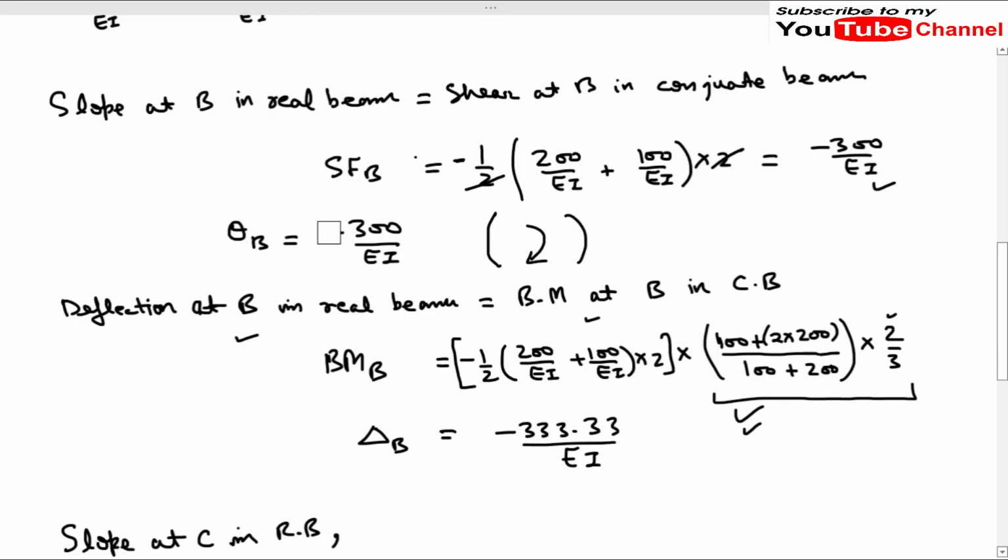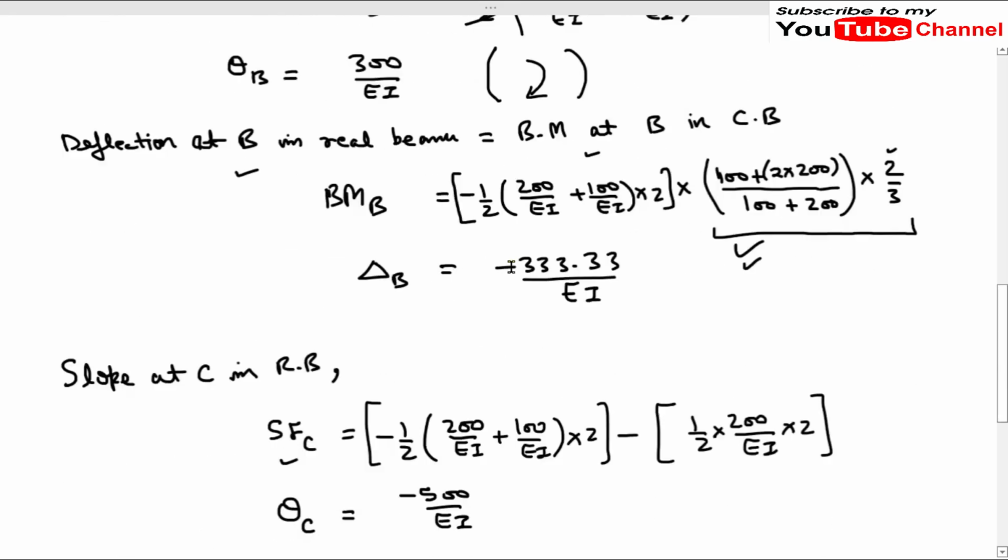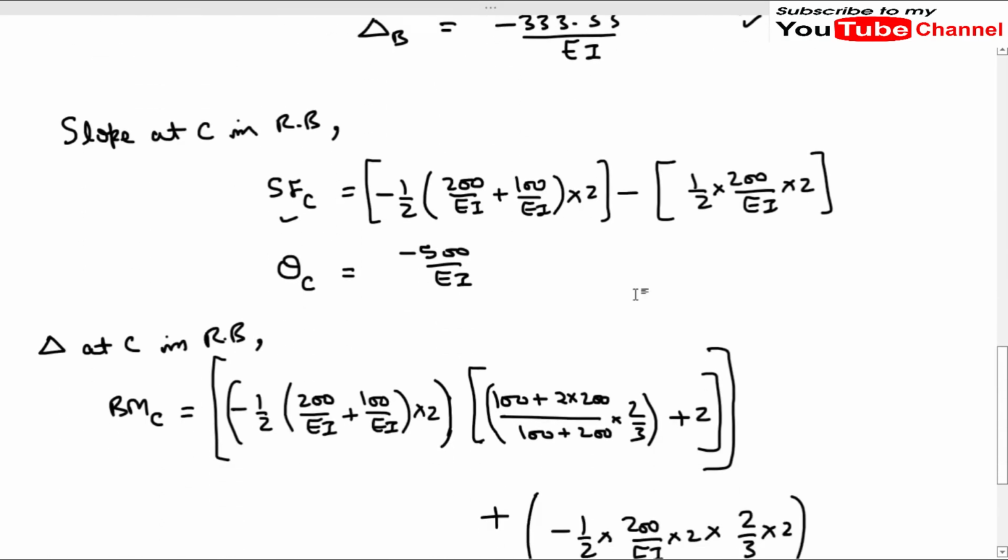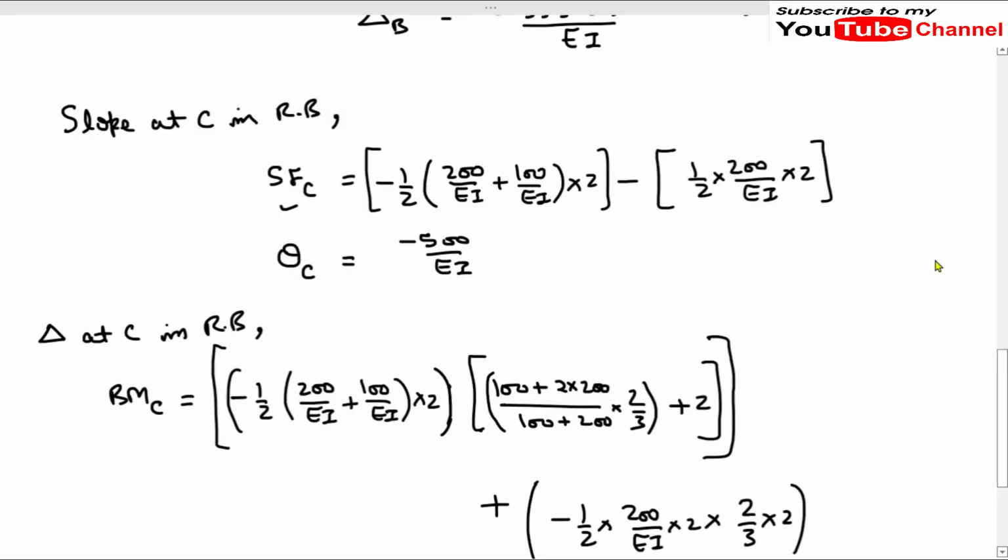Okay, we can just write it like this: the slope is clockwise. And here also the value of shear force is coming out to be negative, which means that, let me put the direction. You can also show the direction like this. So this is clockwise. Let me write the value here, 500/EI.